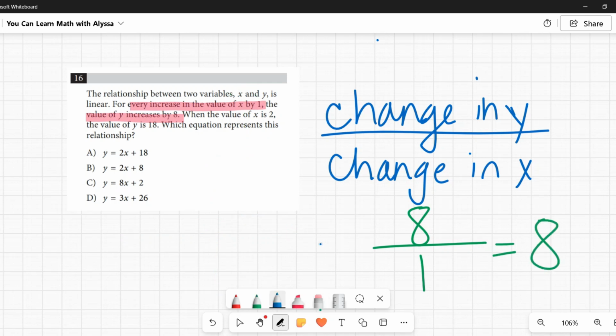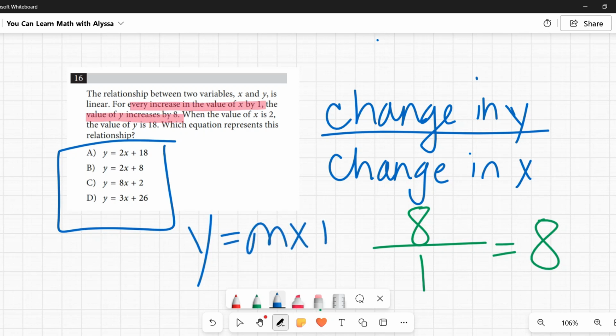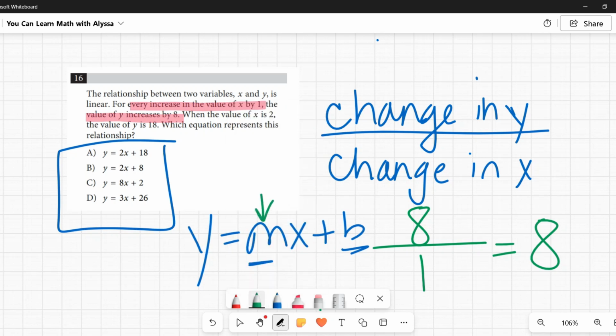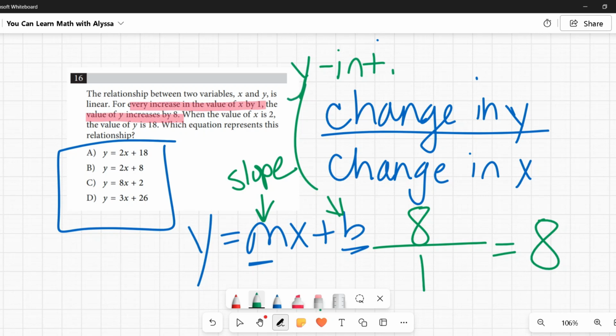My slope is 8. Now, if I look at my answers over here, all of these are in slope-intercept form. That is, y equals mx plus b, where m and b are numbers, or constants. That m value is always going to be my slope, and my b is always going to be my y-intercept.